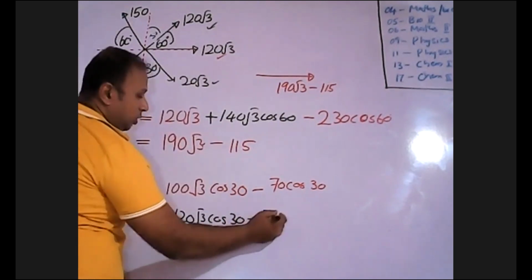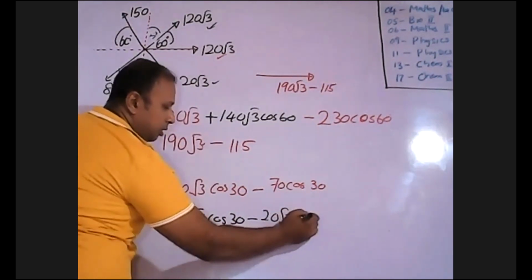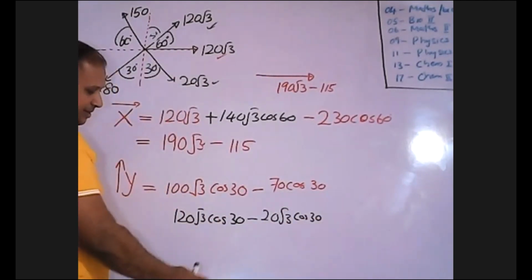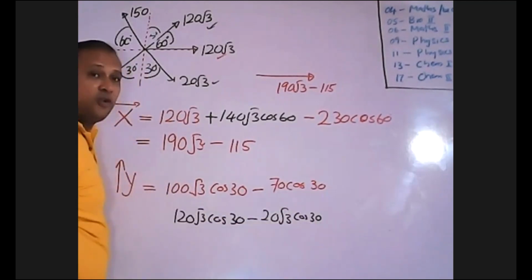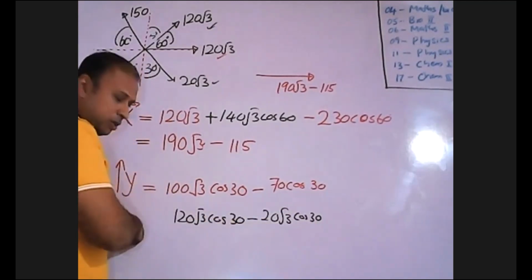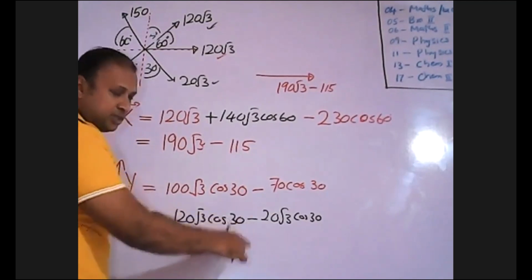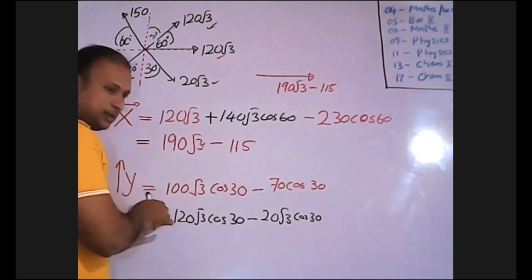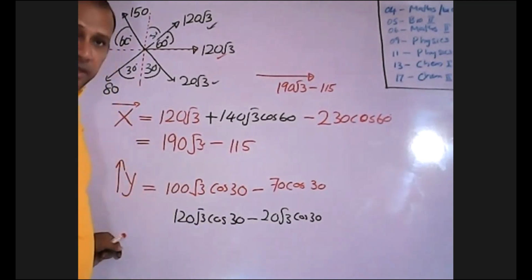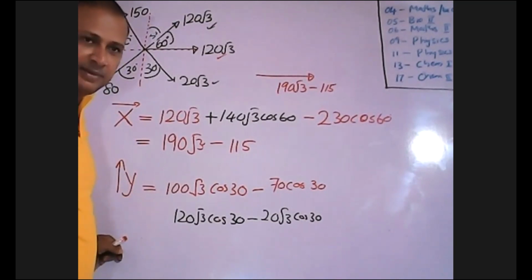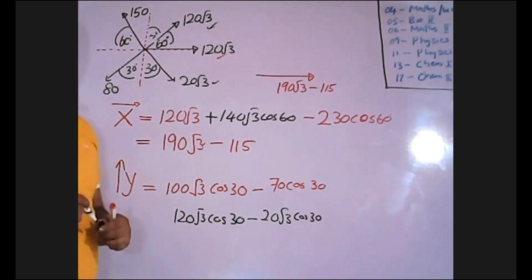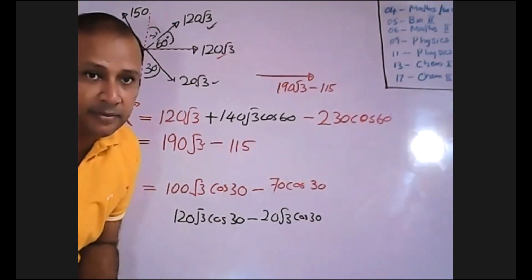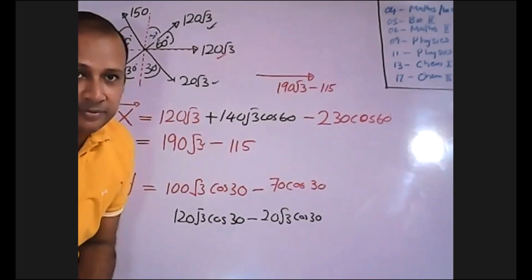Therefore, minus 20 root 3 cos 30. Look at this: cos 30, cos 30. Therefore, cos 30 is a common factor, so I can take it out. Then 120 root 3 minus 20 root 3 means 100 root 3.